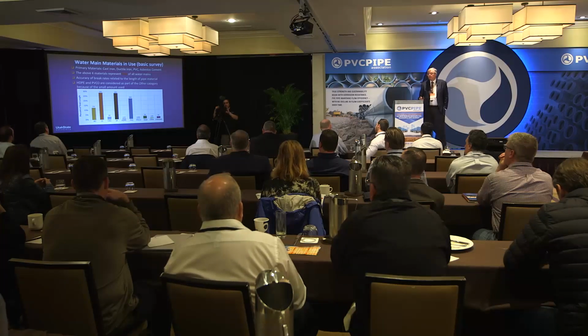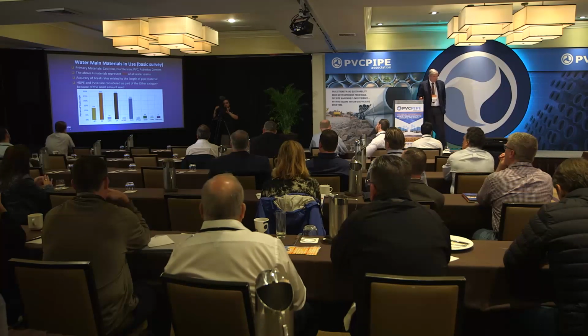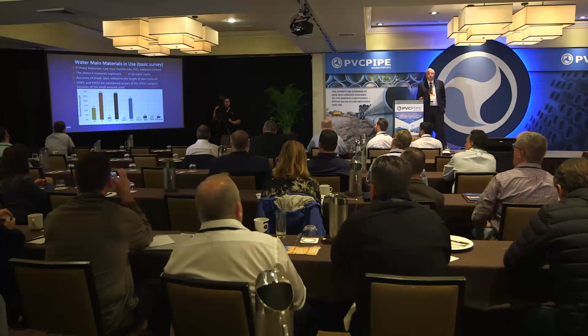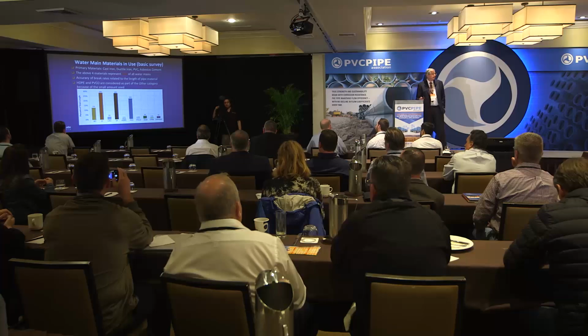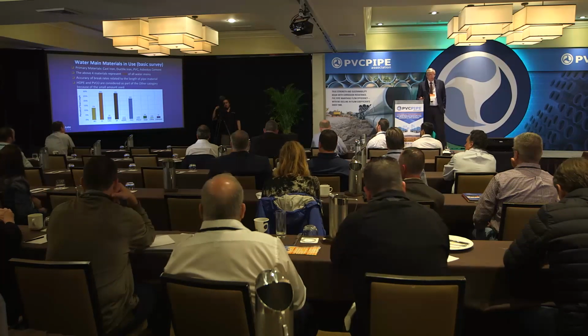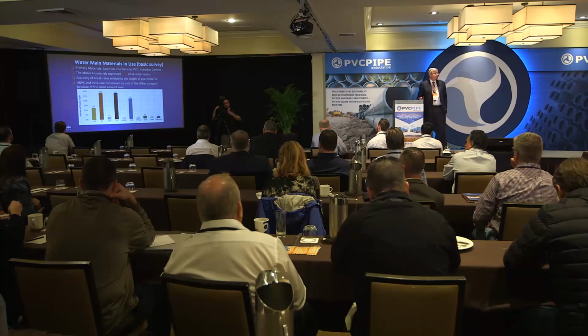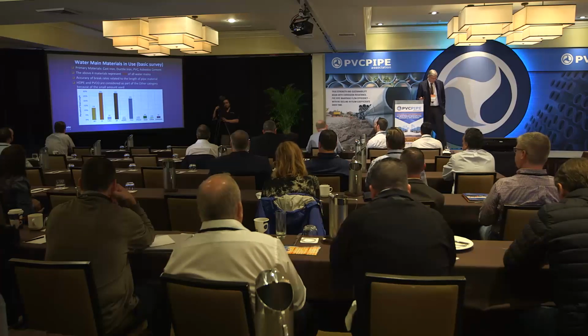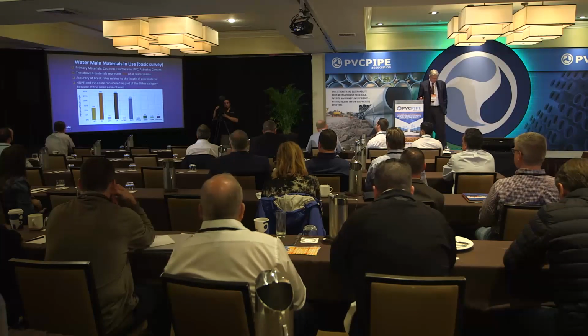PVC comes in third with 22%, and then asbestos comes in fourth. If you take those four pipe materials, cast iron, ductile iron, PVC, and asbestos cement, they represent 91% of all the installed pipe in North America. The others make up smaller percentages of that.